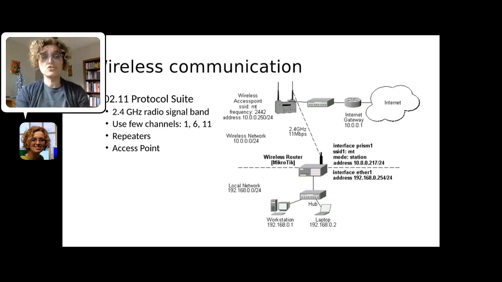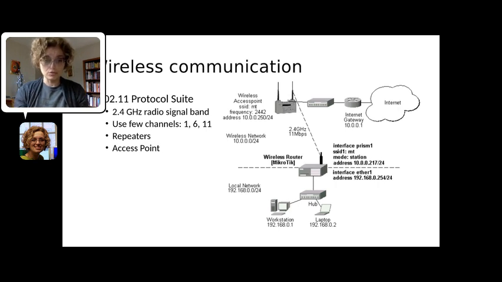And there are also channels, because we're all sharing a medium. I'm sitting here at home, sharing this medium with my neighbors, so our routers try to distribute us to share this medium in different locations. Think about the channels like a band. I use band 1, my neighbor uses band 6, and so on and so forth.